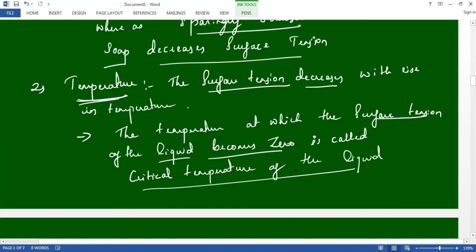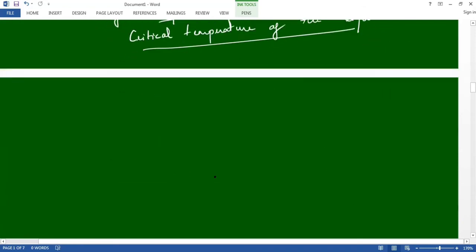Let us discuss the phenomena of surface tension. The next concept is the phenomenon of surface tension.